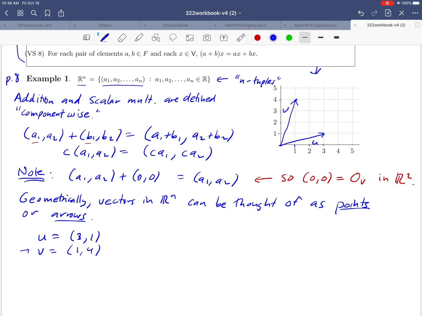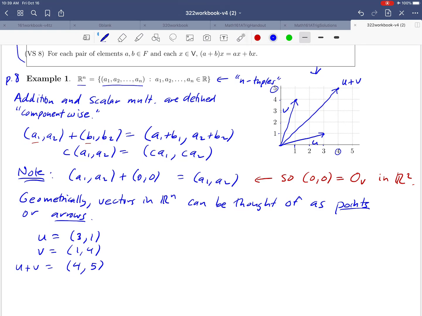All right, now what would the sum of those two vectors be? And there's kind of a nice geometric interpretation of vector addition in this context. u plus v, if we add the components, we would get 3 plus 1, which is 4, and 1 plus 4, which is 5. Let's go ahead and draw that vector into our picture as well. So 4, 5, here's 4, and here's 5. So it would start at the origin and go up to that point. Okay, there's u plus v.